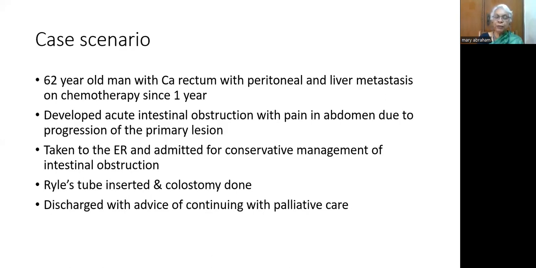So he was taken to the emergency room and admitted for conservative management of intestinal obstruction. At this stage, he had become very weak and emaciated as well. So there they inserted a Ryle's tube and did a colostomy for him. And he was discharged with the advice of continuing with palliative care.